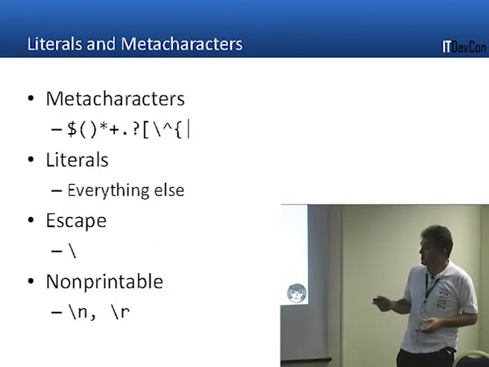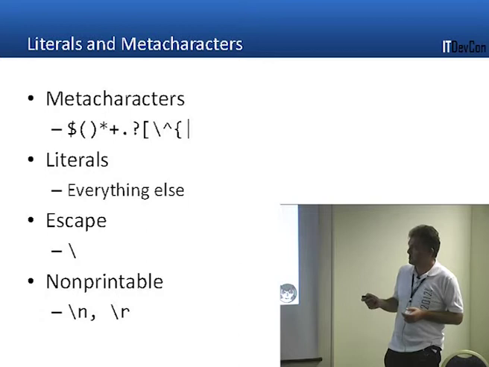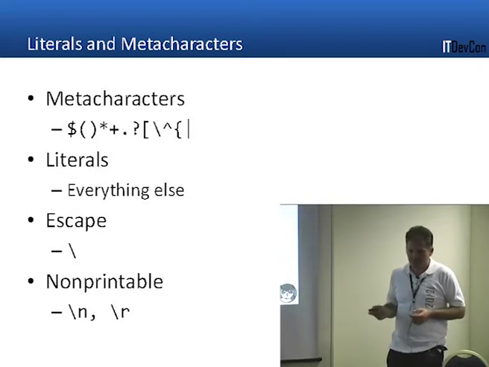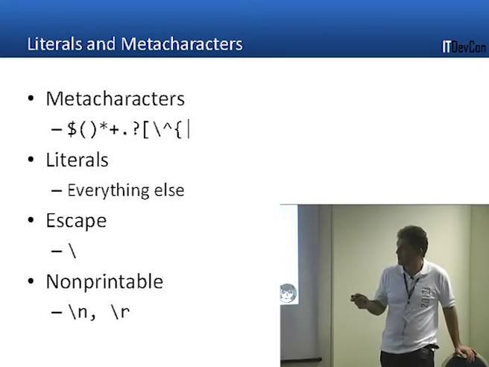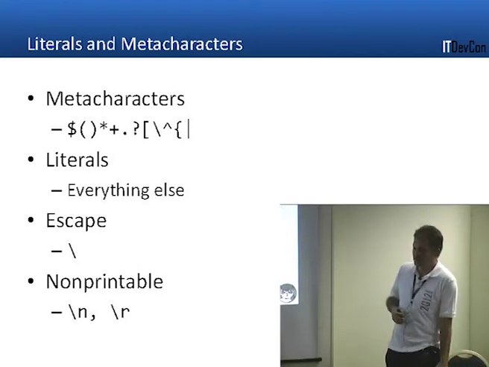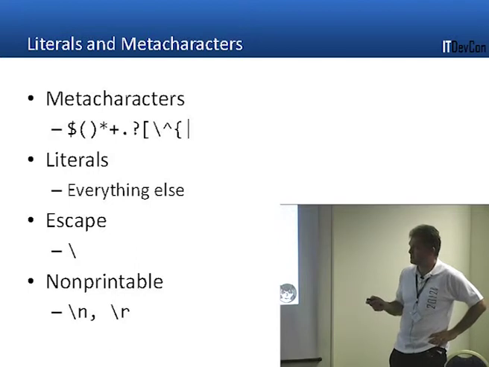But there are some special characters called metacharacters, which have some special meaning. And when you write complicated regular expressions, they will contain a bunch of these characters. And that's why everything looks like line noise at the end, and it's hard to parse, hard to understand. So we have metacharacters which are interpreted in a special way, and we have literals, which is everything else.